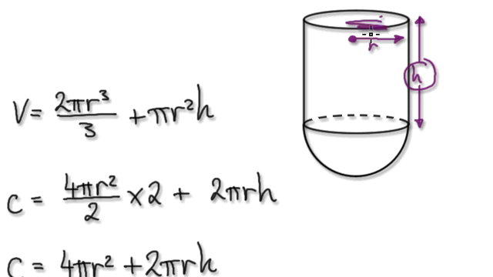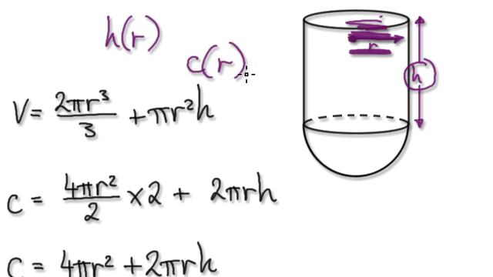So as we slide r back and forth, h will adjust itself automatically. So we can say that h is a function of r. Okay, and then as we slide the radius back and forth here, the cost will change accordingly as we vary the radius. So we can say that the cost is a function of the radius.